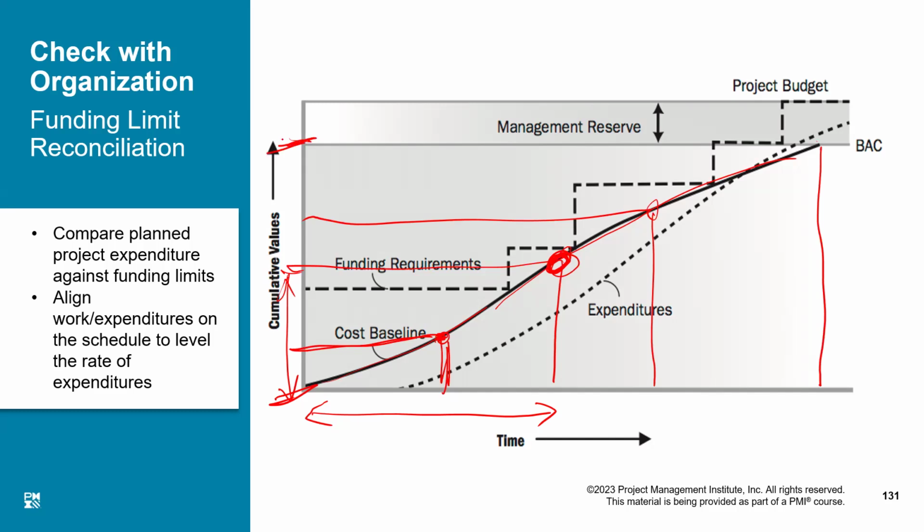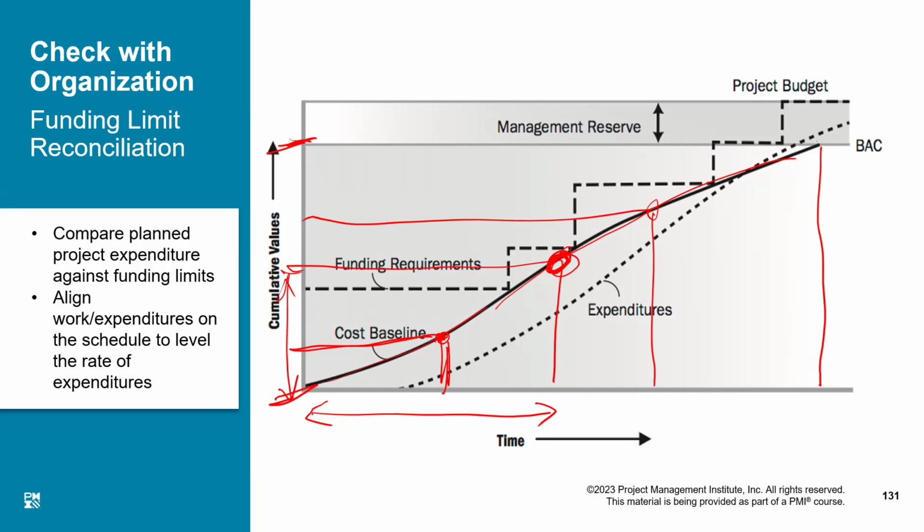Total money spent at that point in time. That means every point on this S curve is the planned value for that point. Planned value, I mean planned value of money.